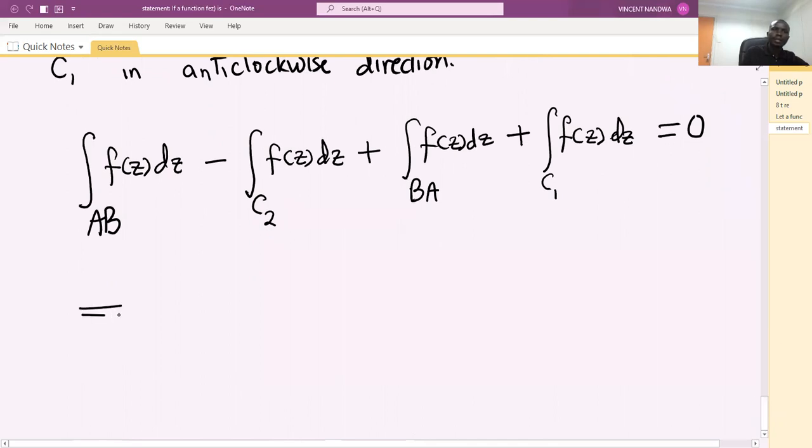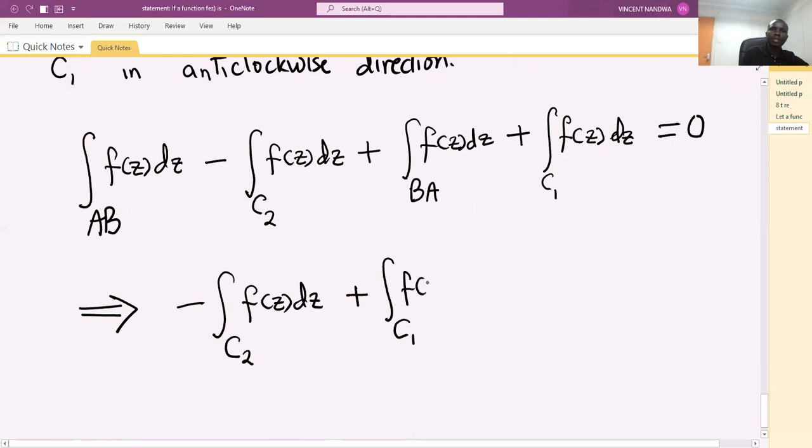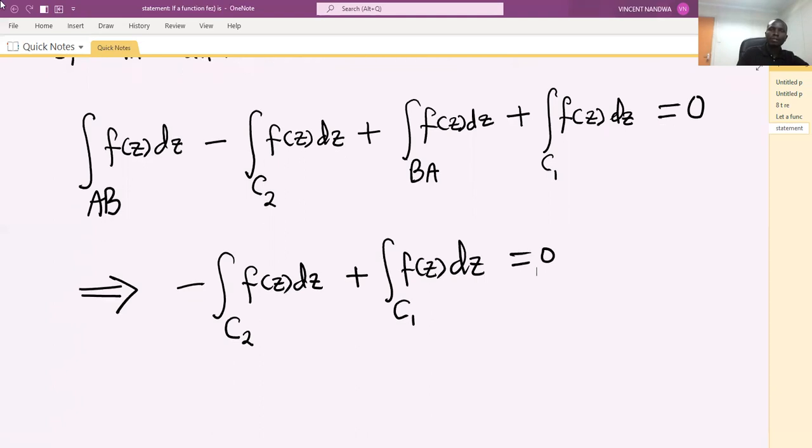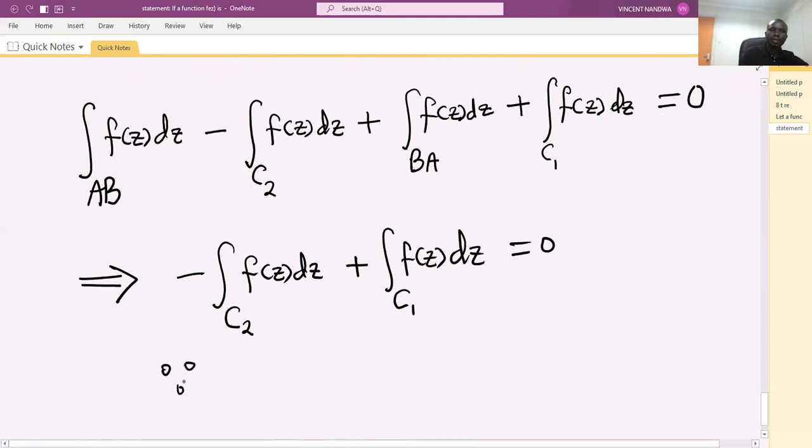Then this implies that the negative integral along C2 of f of z dz plus the integral along C1 of f of z dz is equal to 0, because the integral along AB of f of z dz is the same as the negative of the integral along the opposite direction BA of f of z dz.